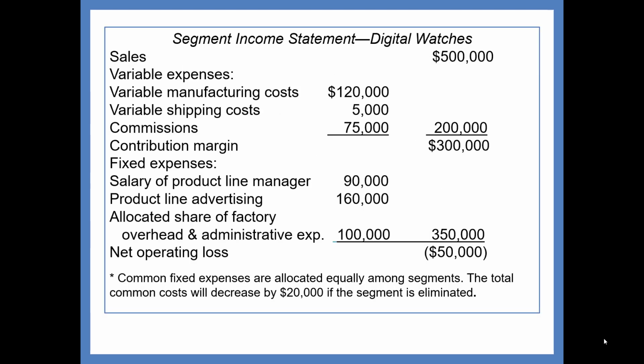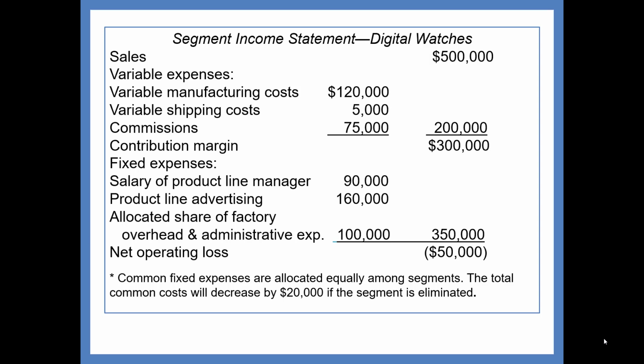All we're given here is the segmented income statement for digital watches. We know that the overall company profit is $250,000, but the digital watch line, you can see, is showing a loss of $50,000. Okay, we have sales, we have variable expenses. You can see your variable manufacturing costs, your variable shipping costs, and your commissions add up to $200,000.